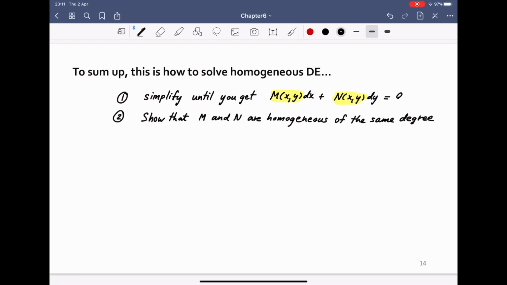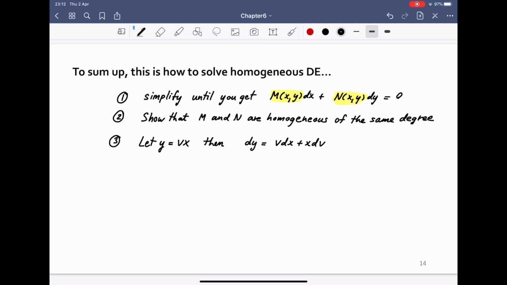Alright, next, once you show that M and N are both homogeneous of the same degree, so you know that this is a homogeneous differential equation, then you make a substitution. So let y equal to v times x, then what you are going to have is dy equal to v dx plus x dv.